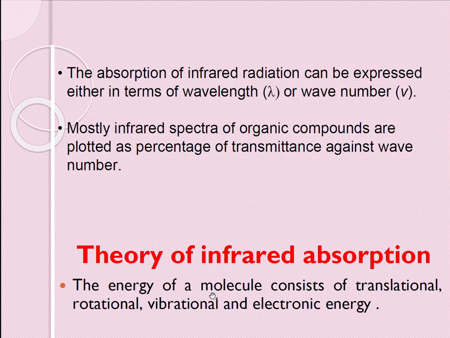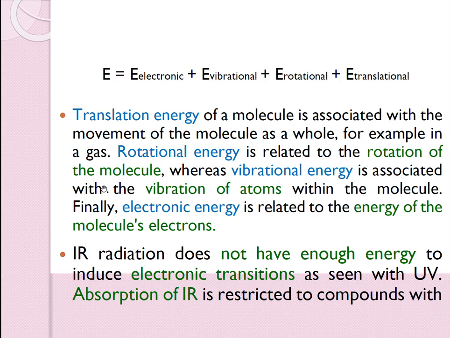The energy of the molecule consists of translational, rotational, vibrational, and electronic energy. But in case of infrared radiation, we will only have the rotational and vibrational energy. The total energy is equal to the total of electronic, vibrational, rotational, and translational energy.